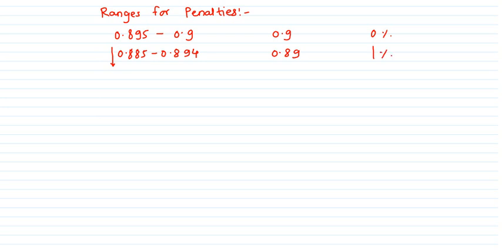In this manner, for every slot of 0.010, there are 10 slots like this, and your last power factor is 0.81 and a 5% penalty is applied to that.